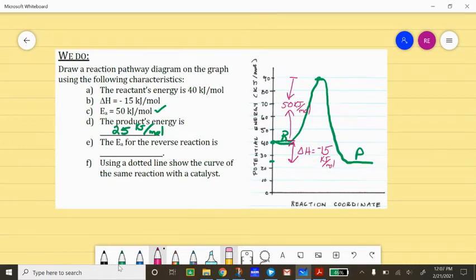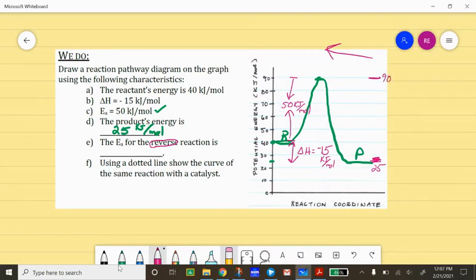So if we are looking at the reverse reaction, that means we're going that way. And so our activation energy would be from here, right there, all the way up here. So from 25 all the way up to 90.